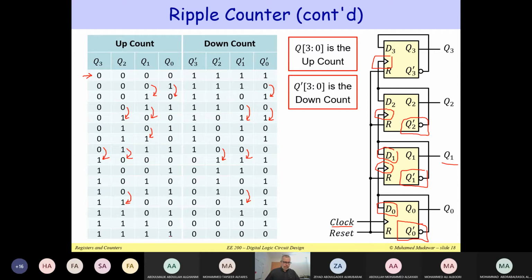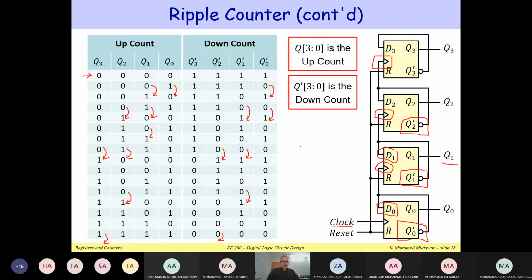It is also going to toggle at the bottom, but it's not really shown, so it goes from 0 back to 1. The value of Q3 will go back from 1 to 0. So once we reach 1111, all the bits will go back to 0000.